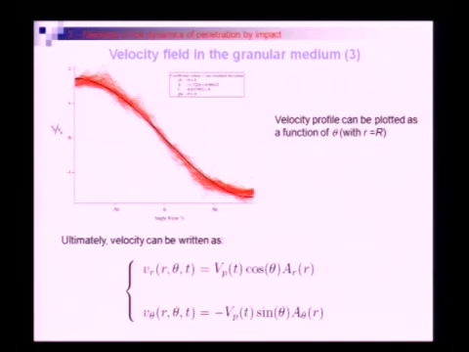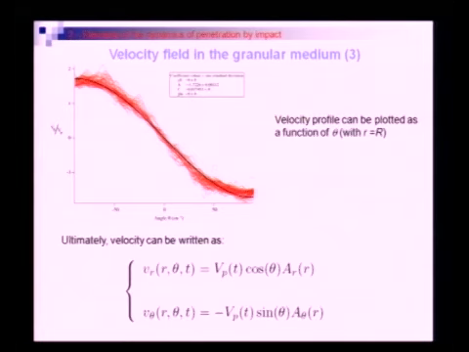Now here we're going to plot the velocity profile as a function of theta along a line r equal r. We've got a curve, plotted at a time t.